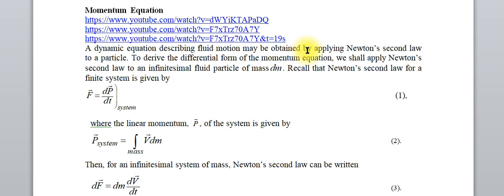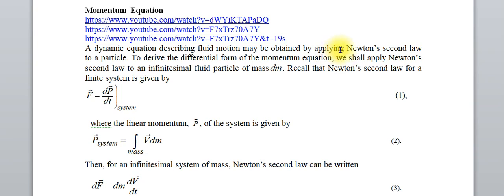And as we consider the fluid as a continuum, we are not considering individuality. As we have already discussed, individuality means that for each and every particle you would have to apply the second law of motion.